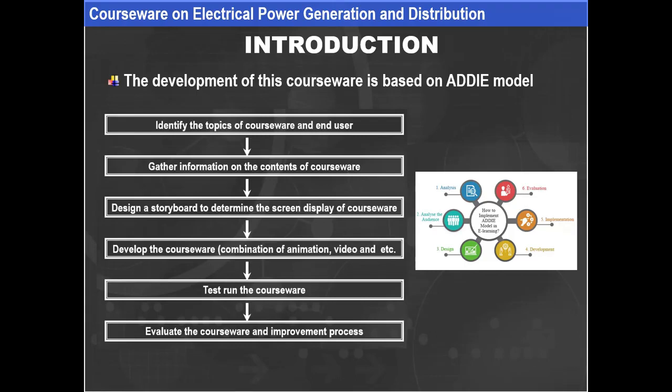The fourth step is to develop the courseware with a combination of animation, videos, graphics, and so on. The fifth step is doing a test run. And the last step is to evaluate and improve the courseware based on the test run input.